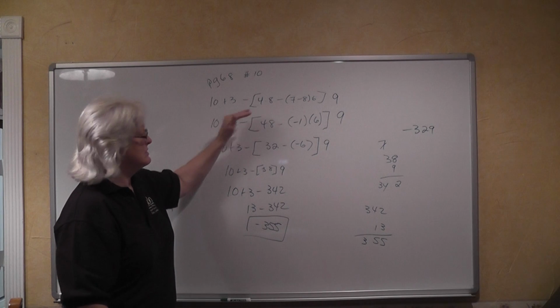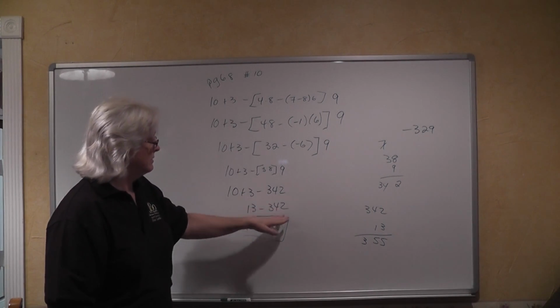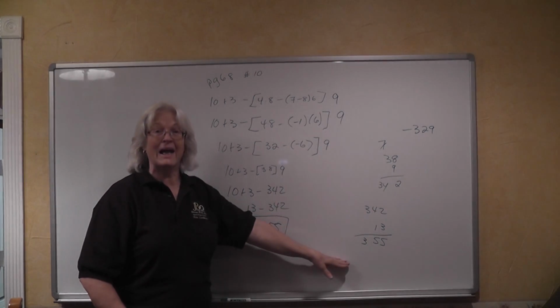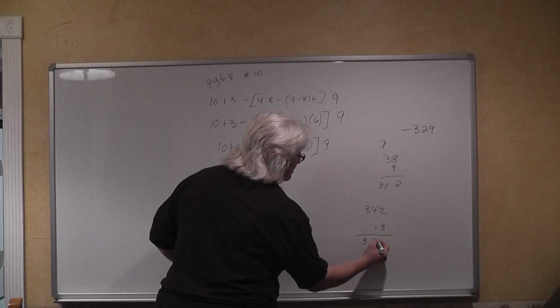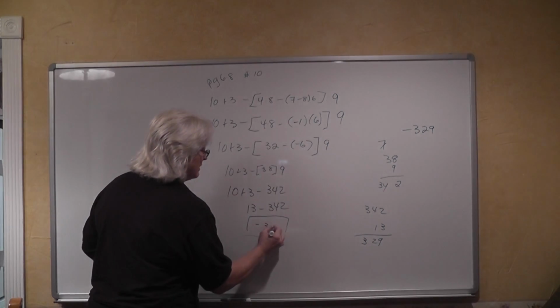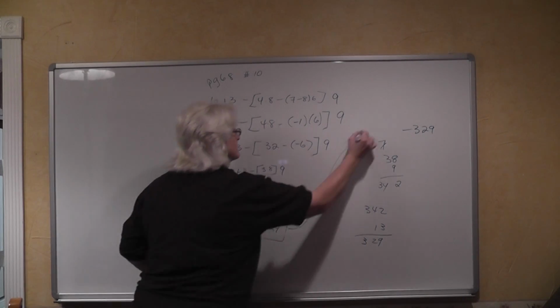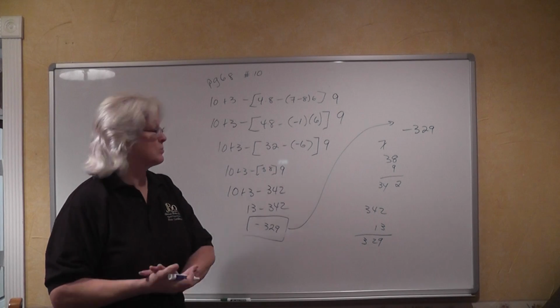This step looks right. This is right. Oh, I'm supposed to subtract. And I added. Let me go back and correct this. 329. Now I have a negative 329. Let me check that answer again. Okay, now I'm right. I can go ahead on to the next problem.